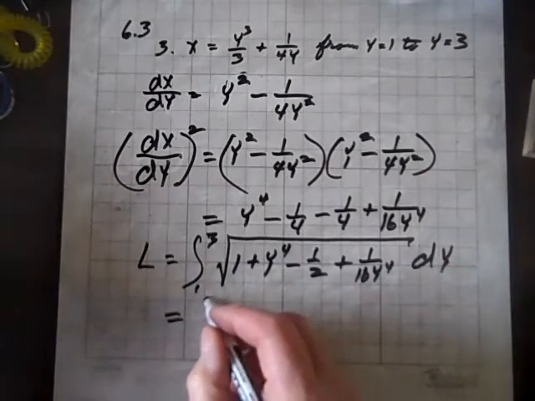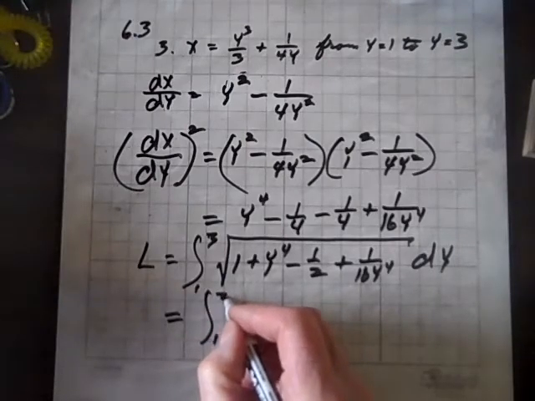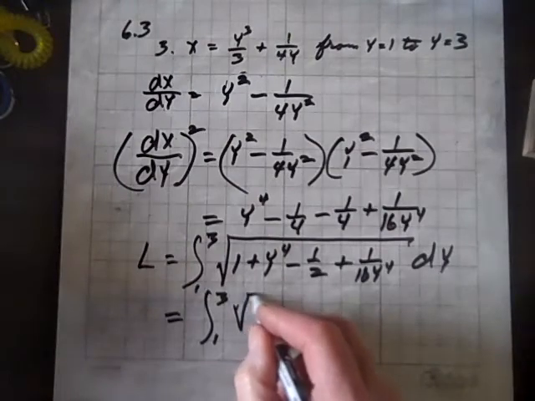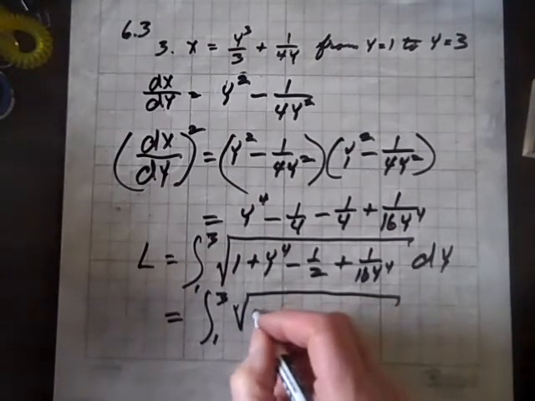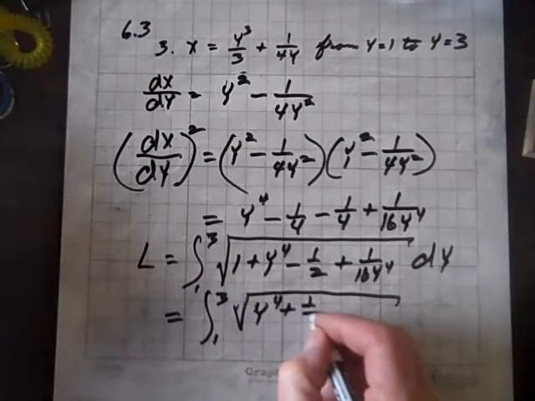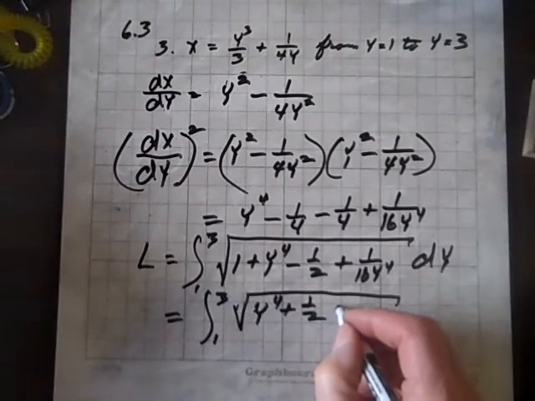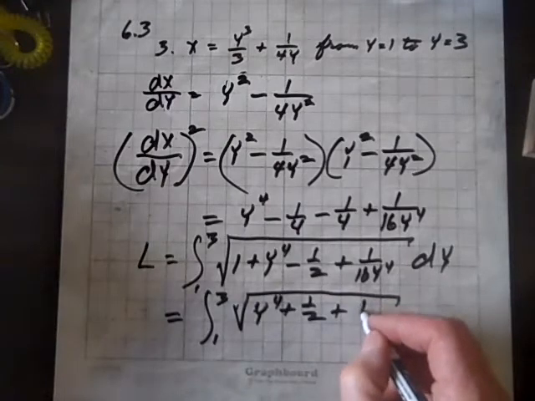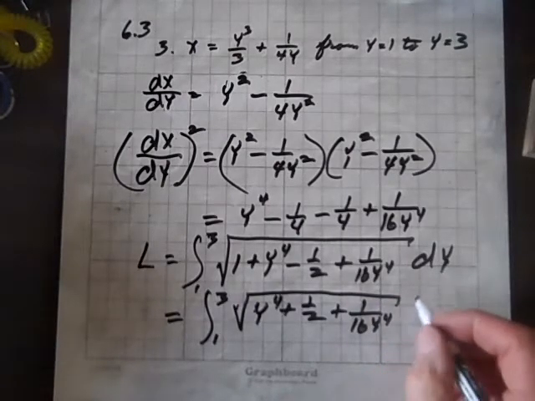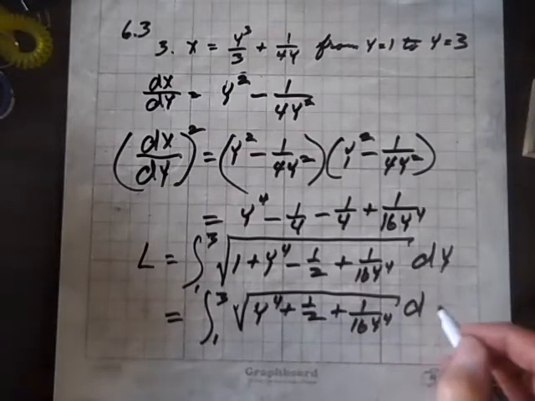And that equals the integral from 1 to 3, and 1 minus 1/2 is a plus 1/2. So we get y to the 4th plus 1/2 plus 1 over 16y to the 4th dy.